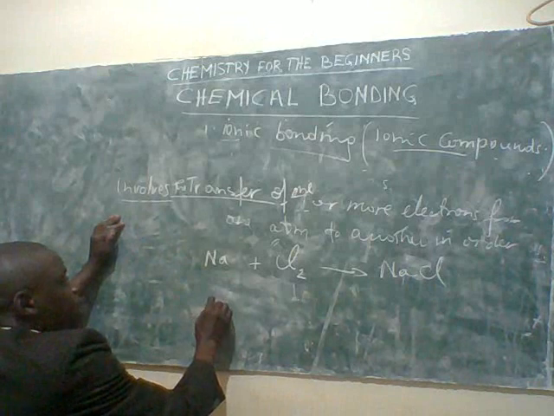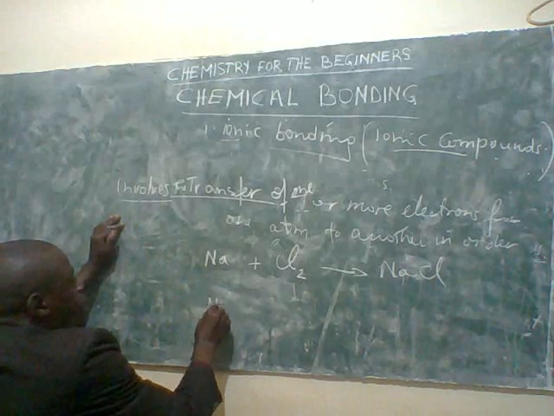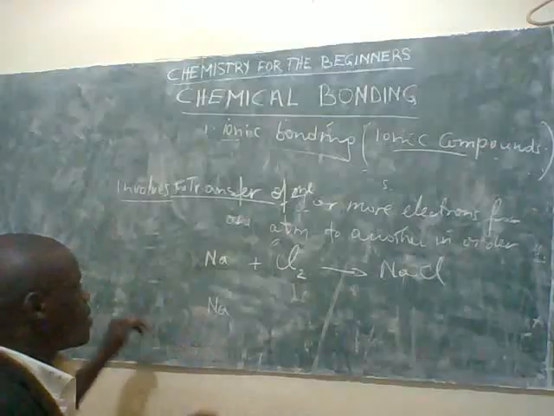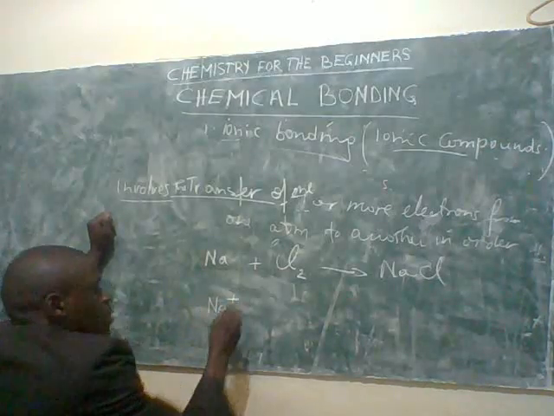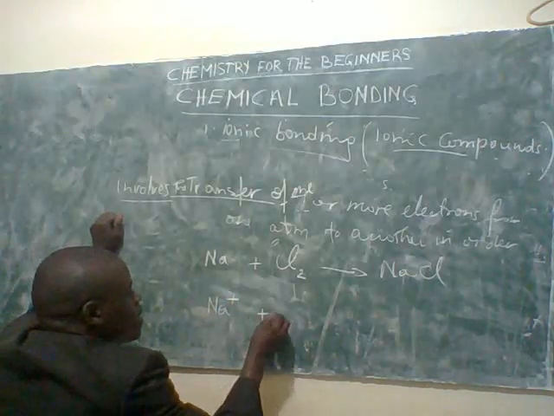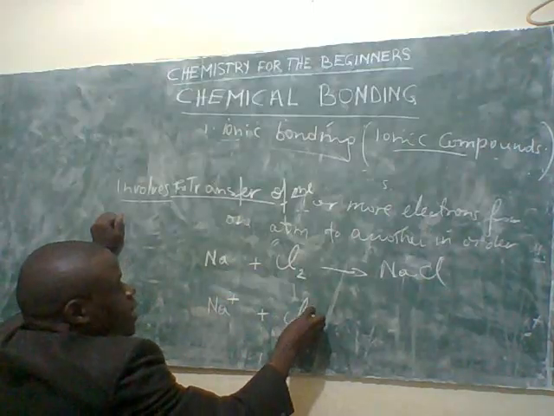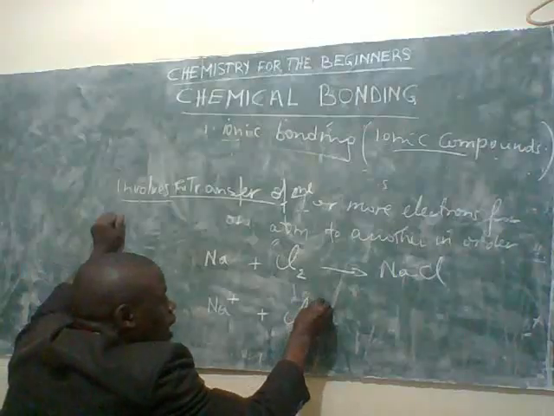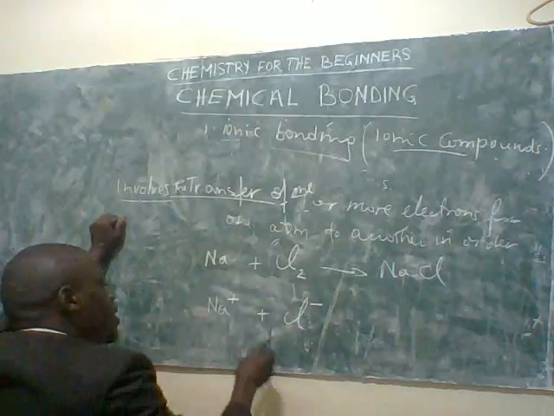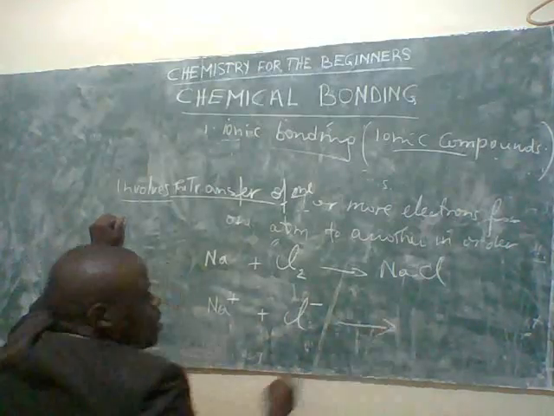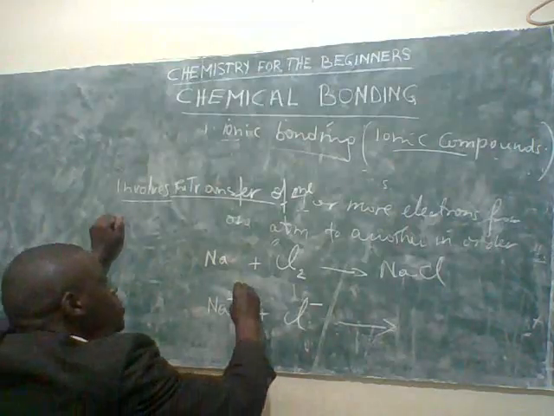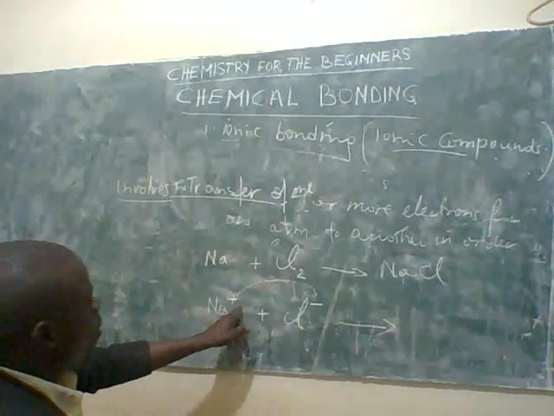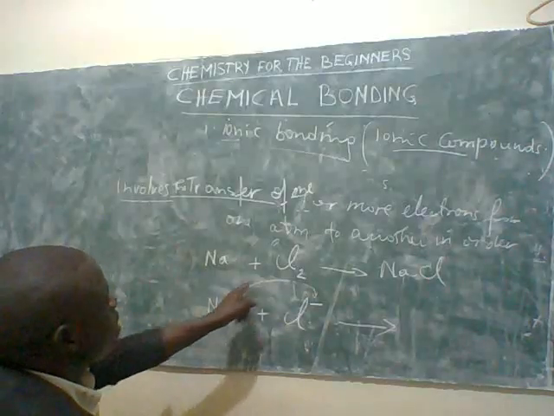If they produce sodium chloride, what happened? It happened when sodium changed into an ion, or got ionized, and becomes like this. And this one also got charged, ionized, and becomes the ion, which means this one will transfer to this.